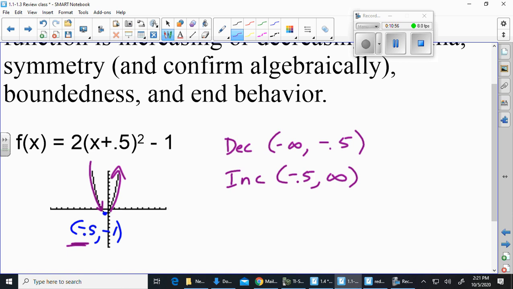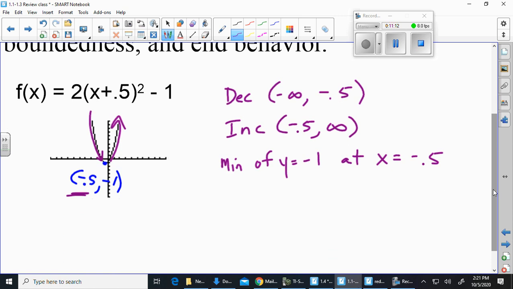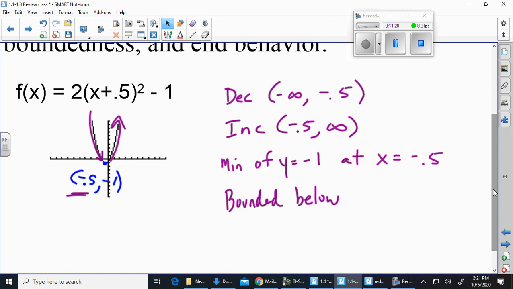If I said extrema, that is a min of y equals negative 1 at x equals negative 0.5. If I said boundedness, that is bounded below because it has a min that is absolute.